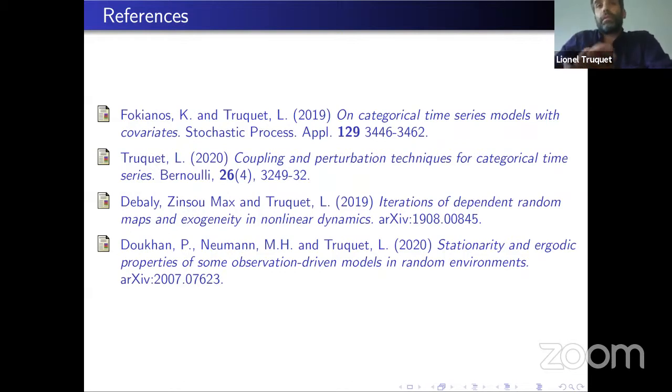We investigated several setups in which you can use this mathematical framework to use the covariate in some standard time series model. I have now finished, so you can ask questions because I suppose we have time. So thank you.